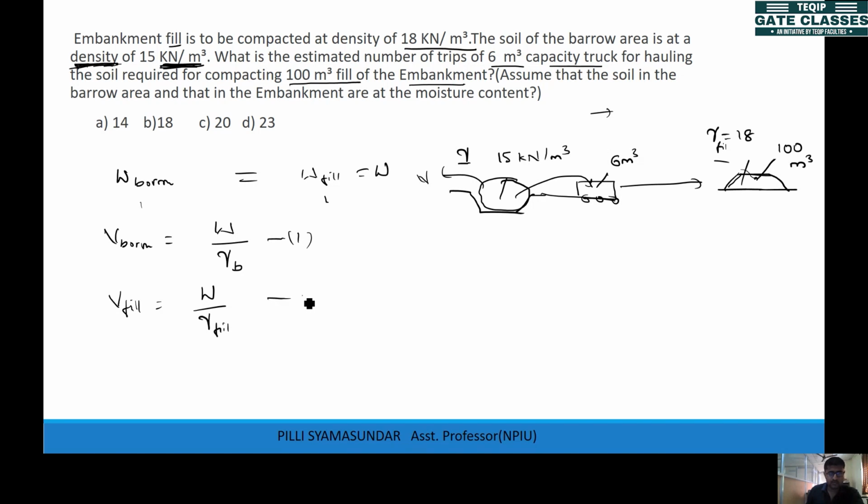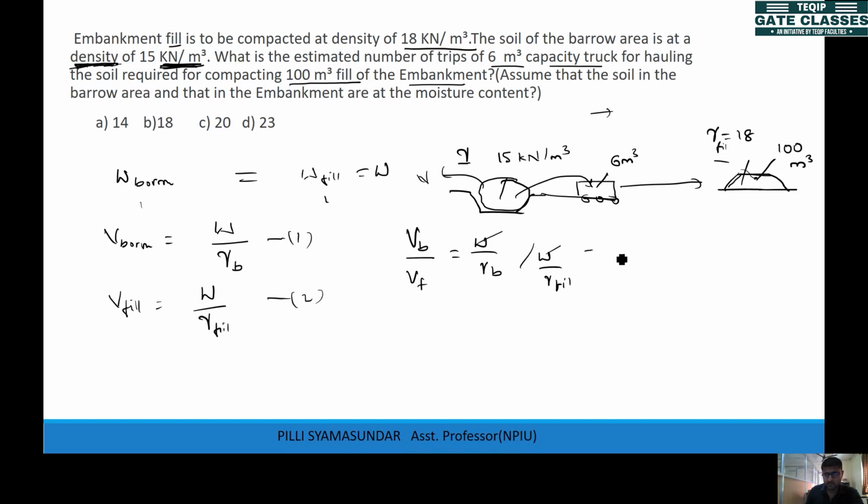I want to eliminate the weight because I don't know the weight here. So how can I eliminate it? You just divide one equation by the other. So the volume of the borrow pit by the volume of the fill is equal to W by gamma B divided by W by gamma fill.